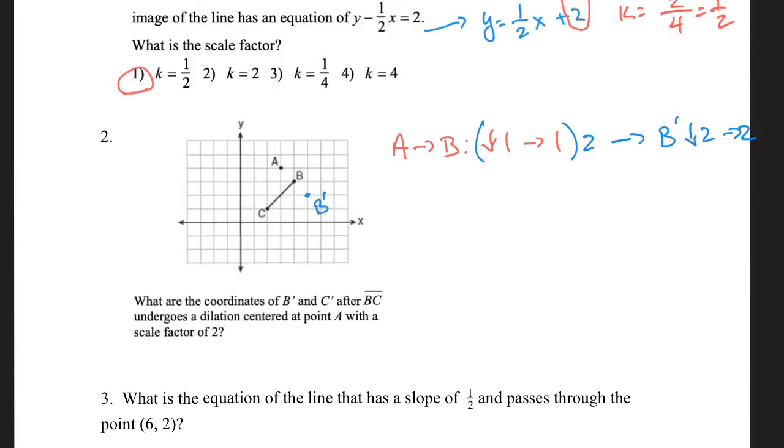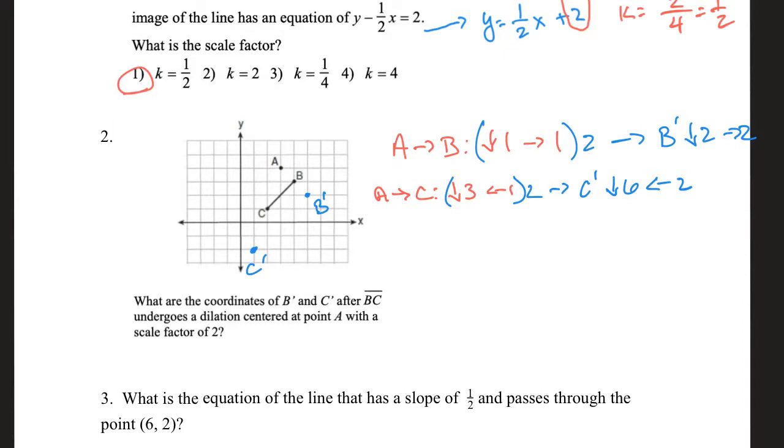Let's do the same thing for A to C. We went down 1, 2, 3, and to the left 1. So we went down 3 and to the left 1. Again, we're just going to multiply this by 2, which is our scale factor. Therefore, C prime is going to be down 6 from A and to the left 2 from A. So we go 1, 2, 3, 4, 5, 6, and 1, 2 from A, and there's our C prime.